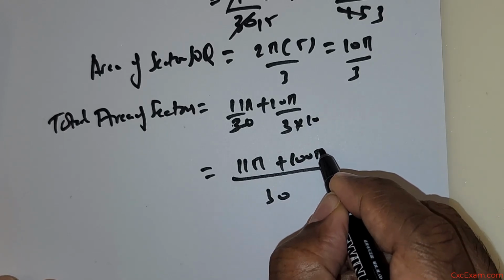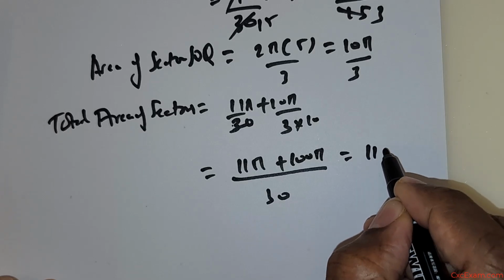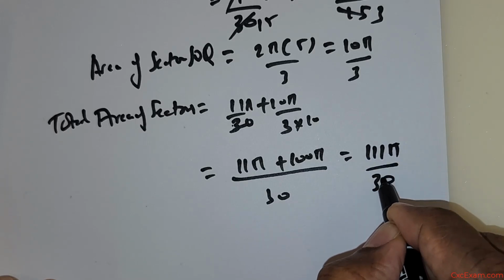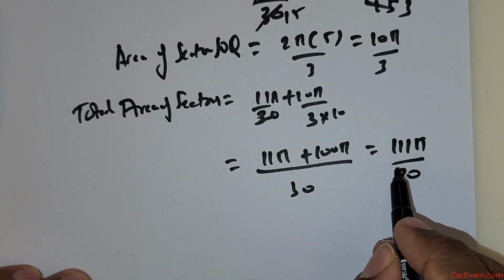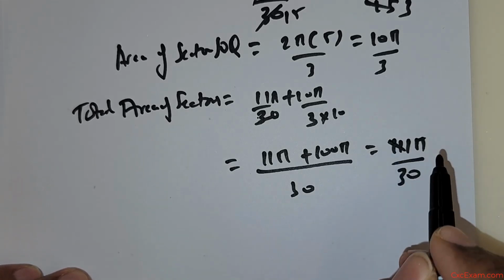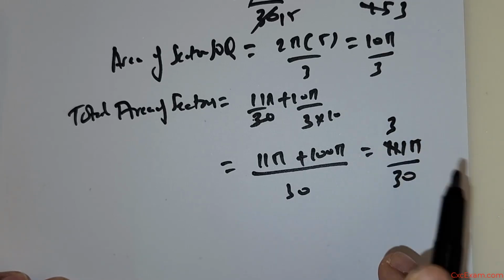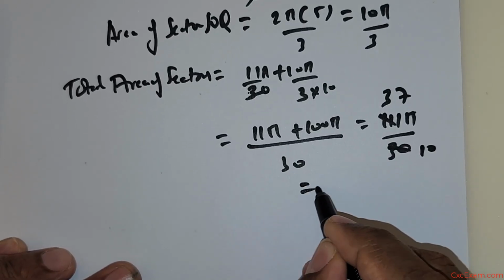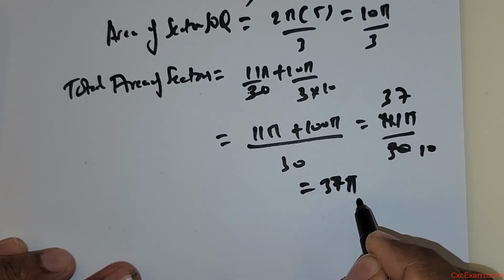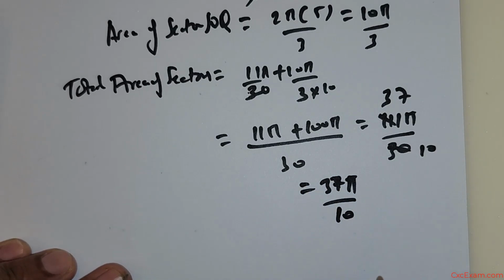And you have 100 pi. So 111 pi divided by 30. This is what we have got. So 3 can be used to divide this. 3 3s are 9, 10, 11, 21, 7. 3 divides here 10 times. So it's 37 pi divided by 10.